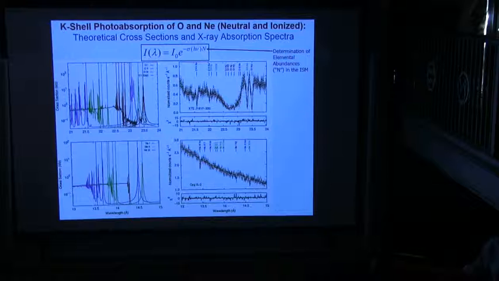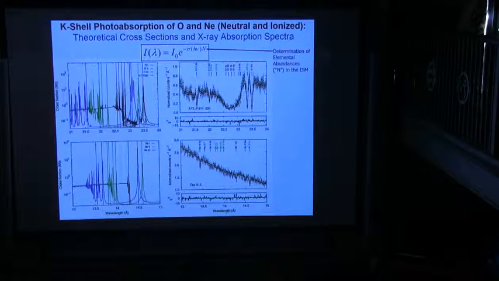Same thing for neon. If you look at the observed spectra, one sees, going in that same order, a large K alpha absorption of neutral oxygen, K alpha of singly ionized oxygen, a whole edge from the entire Rydberg series, and some multiply ionized oxygen as well.